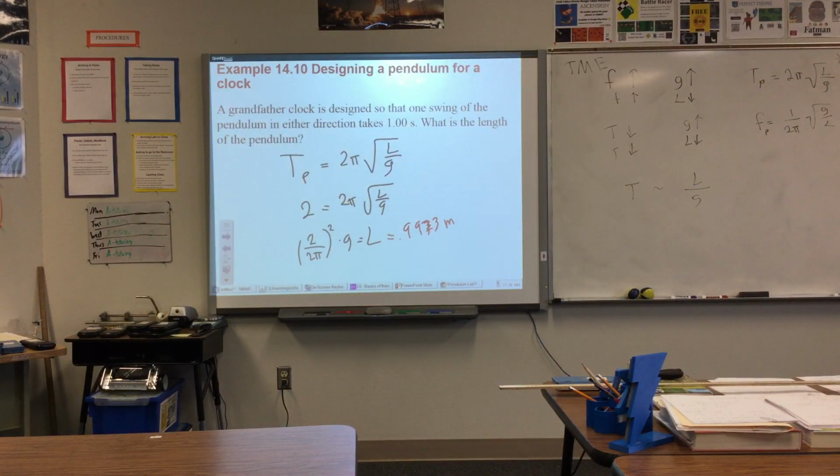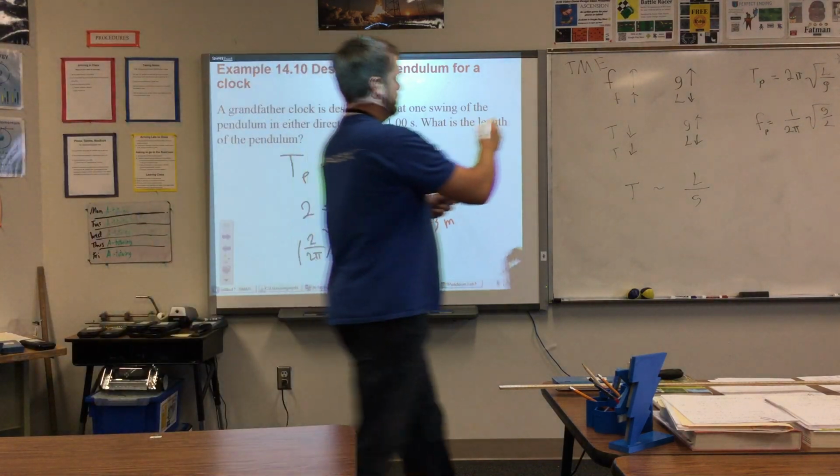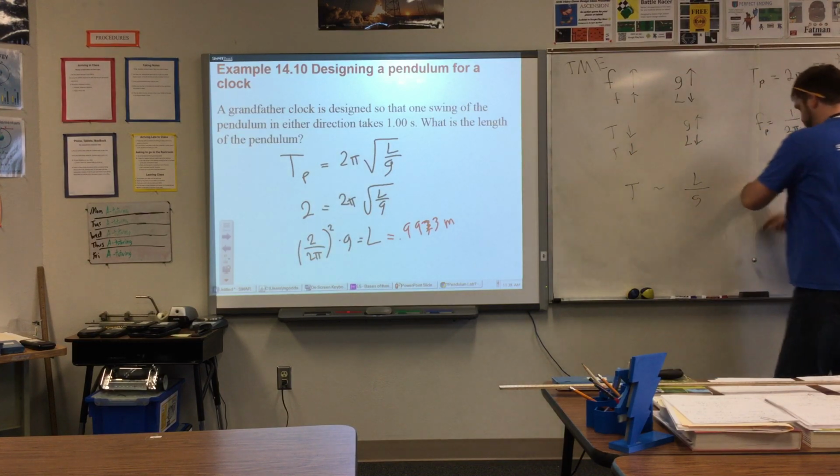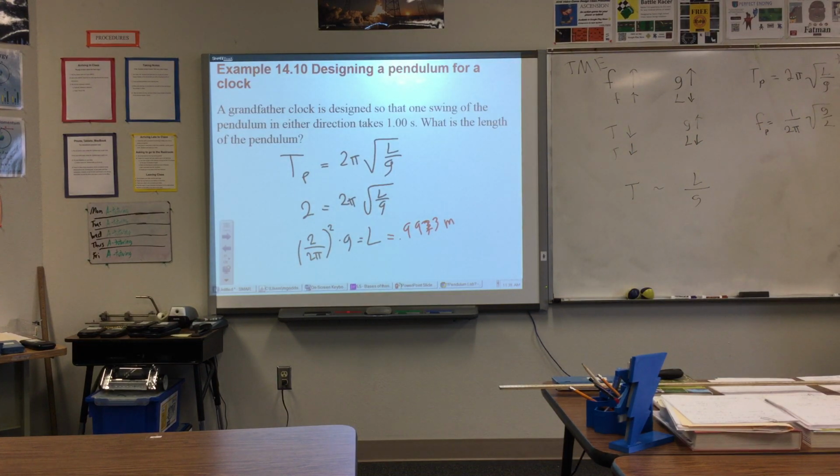Okay? Now, let me bring this over here. And we're going to talk about adding energy to the system. Driven and damped oscillations. So what we're going to do here in a minute, after I hand this out, is think about what would happen if periodically I add energy to the system.